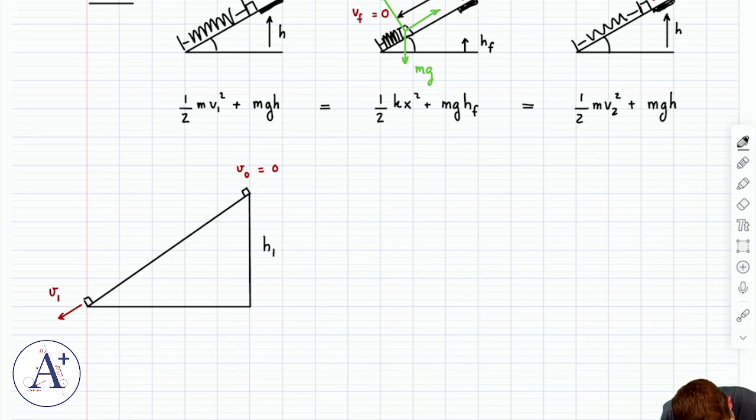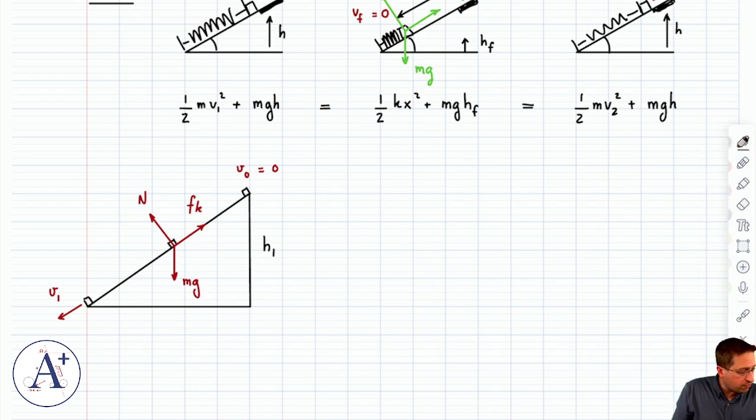I also care that as I slide down, the forces acting on the block are the weight force. That's a conservative force, that's fine. The normal force is not going to do any work, that's fine. And kinetic friction, yeah. But those are the only forces because the spring doesn't come into play. It's only there to shoot it back up, and we just dealt with that.